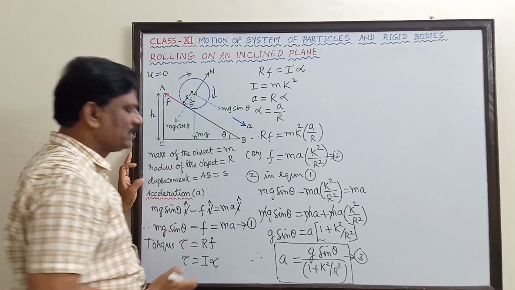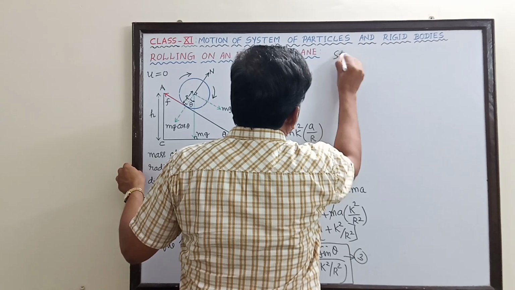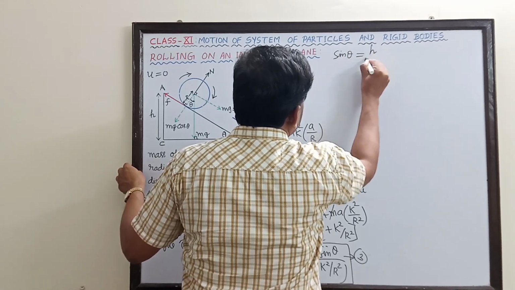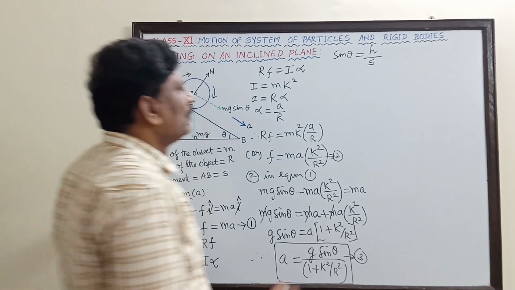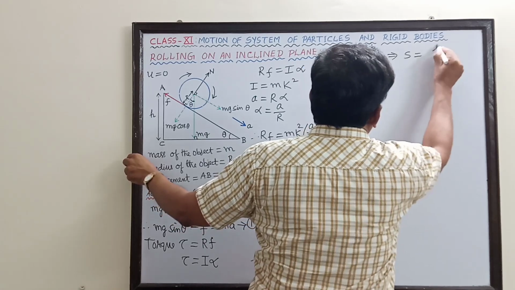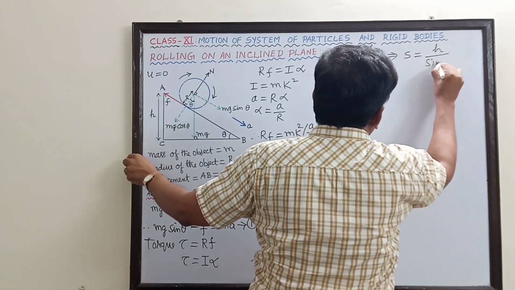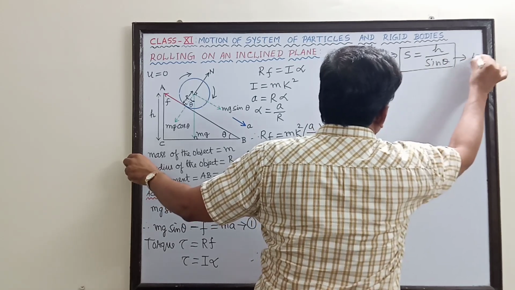So I get an expression for sin theta. Sin theta is equal to opposite side divided by s. So this implies s is equal to h divided by sin theta. So this equation is required. I will keep it as number 4.